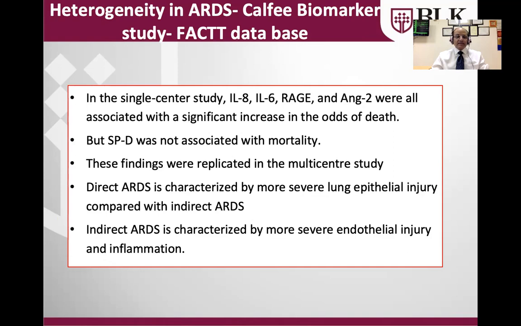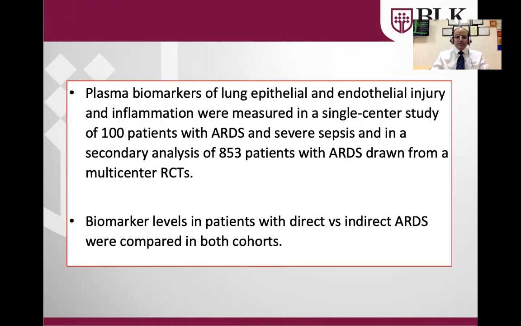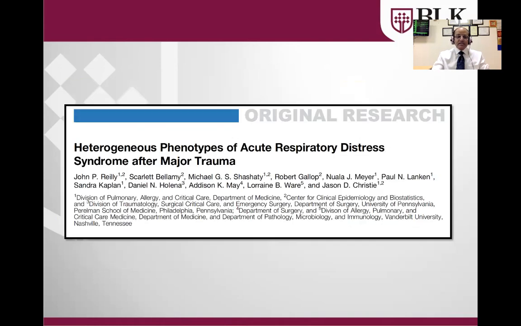So direct ARDS is characterized by more severe lung epithelial injury compared with indirect ARDS, and indirect ARDS is characterized by more severe endothelial injury and inflammation. That means the biomarker levels are important indicators in direct versus indirect patients.